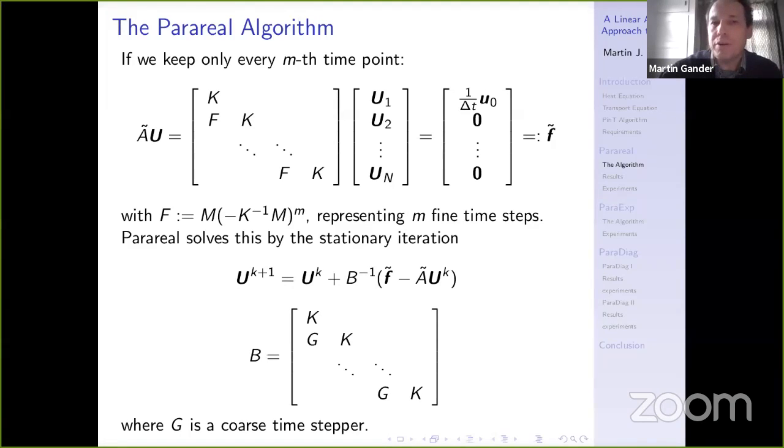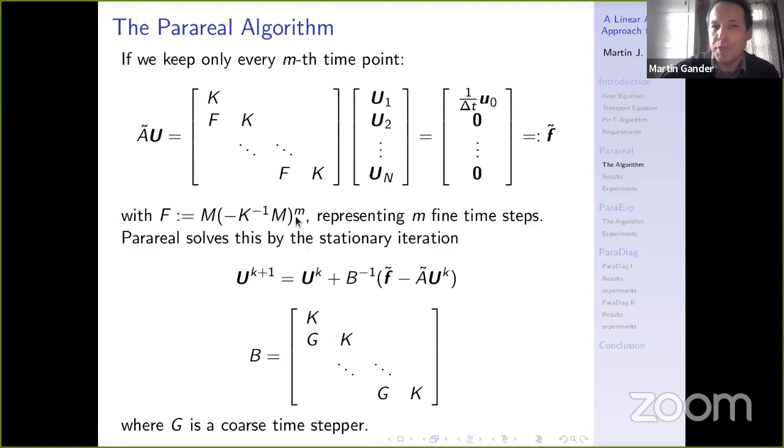Now, what is the Parareal algorithm? The Parareal algorithm is a very simple stationary iteration, which I wrote here. U^(k+1) is the old U^k plus B inverse times (F tilde minus A tilde U^k), where A tilde is this new, much smaller matrix, F tilde is the smaller right-hand side, and B is a preconditioner. It's a preconditioner that looks like the matrix A tilde, but it has a coarse time step per G here.